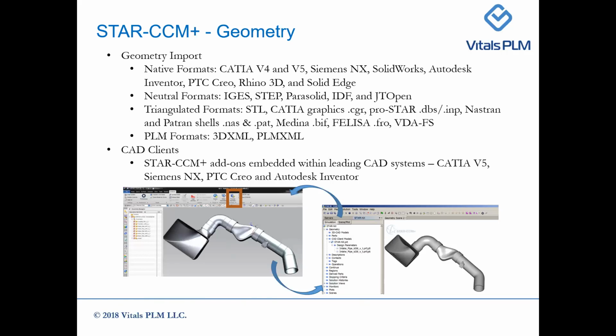We can use CAD clients, STAR-CCM+ add-ons embedded within leading CAD systems, CATIA, SolidWorks, where you can directly import and export the geometry from, let's say here, the NX CATIA to STAR-CCM+ and STAR-CCM+ back to the CATIA.